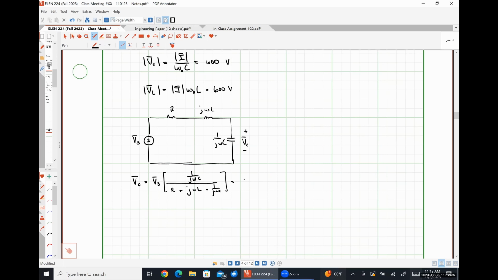In doing that, we would find that we would have our source voltage VS multiplied by 1 over 1 minus omega squared LC, so that's our real part, plus J omega RC.